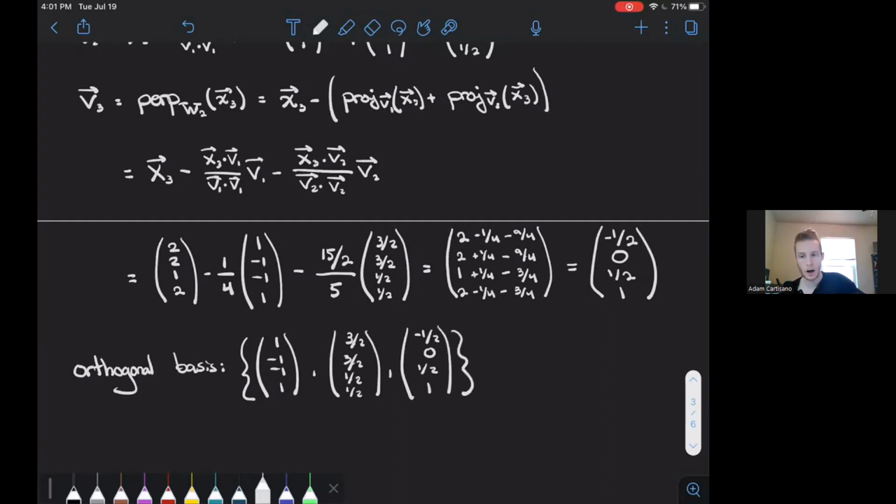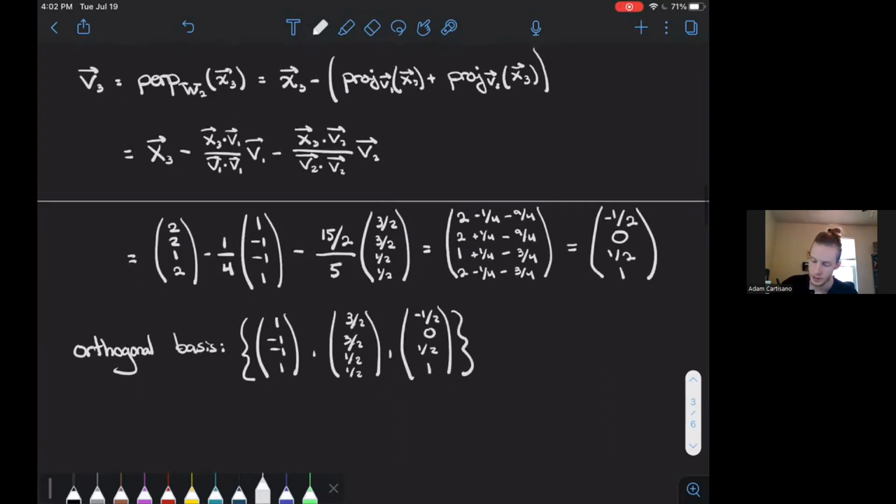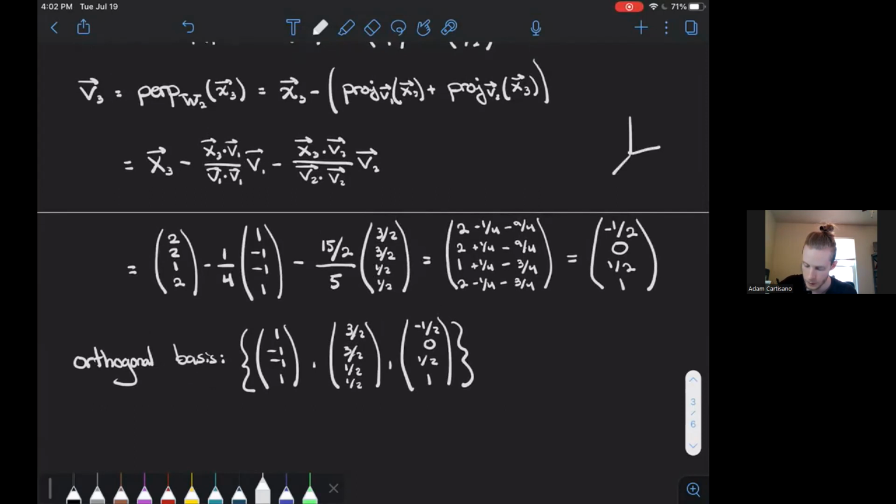Now, having all the fractions in sight is awful. And what have we just constructed? We've just constructed 3 vectors that are all pairwise at right angles to one another, right? Whatever that's supposed to mean. They're not great vectors. But notice, if I scale any one of these vectors, I'm not changing the property that they're pairwise orthogonal, right? So instead of writing 3 halves, 3 halves, 1/2, 1/2, I can just scale it up by a factor of 2.